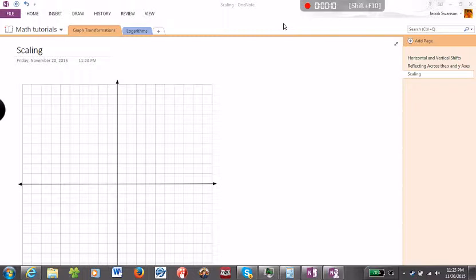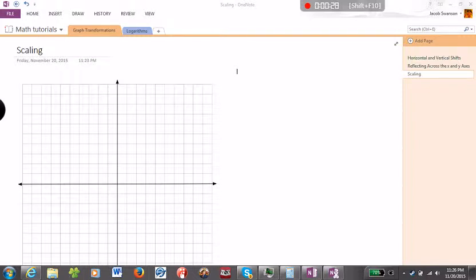And this time, in this video, we're going to wrap up the graph transformations series I've been doing with the scaling portion of it, which is essentially a stretch or a shrink in a graph.